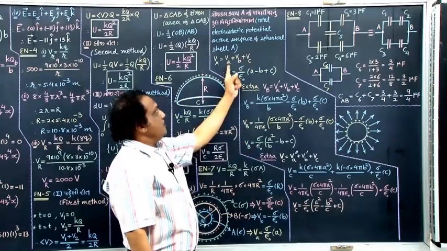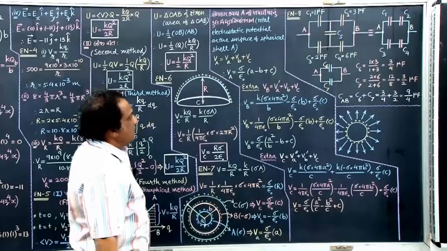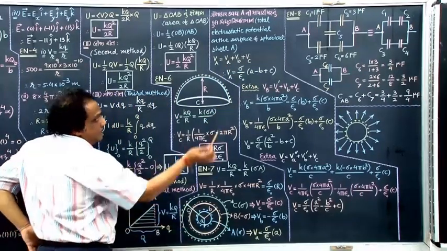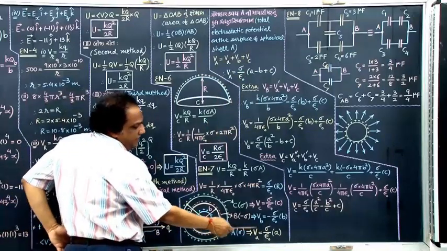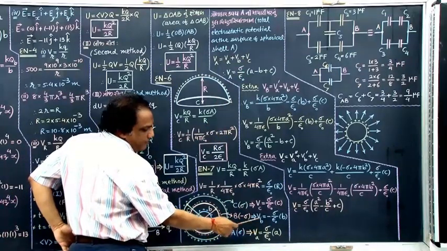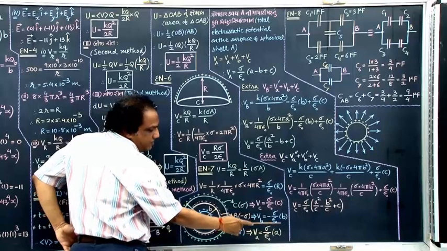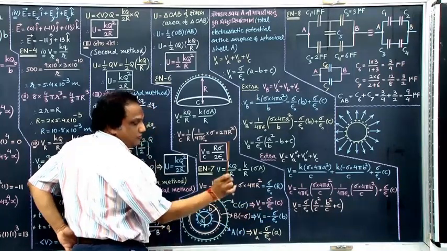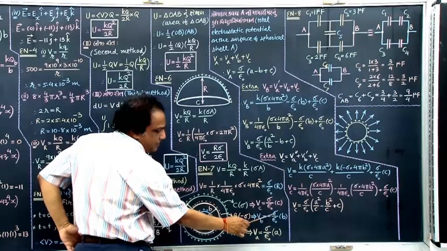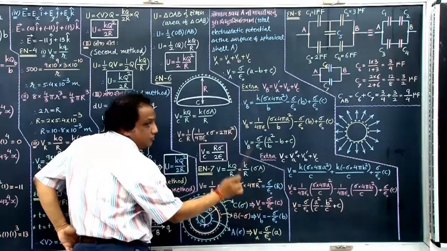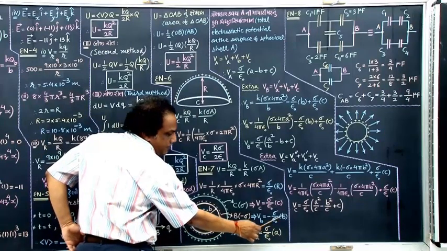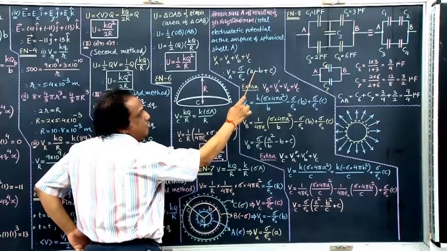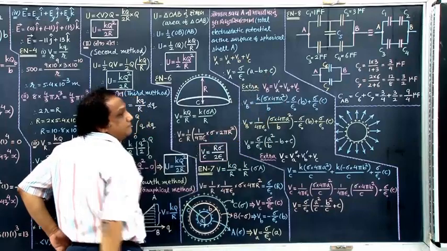Okay, VA plus VB plus VC. Now tell me, VA plus VB plus VC, that you can find out from here directly, correct? That is this plus this plus this. Sigma upon epsilon 0 can be taken common. Inside the bracket, A minus B plus C.